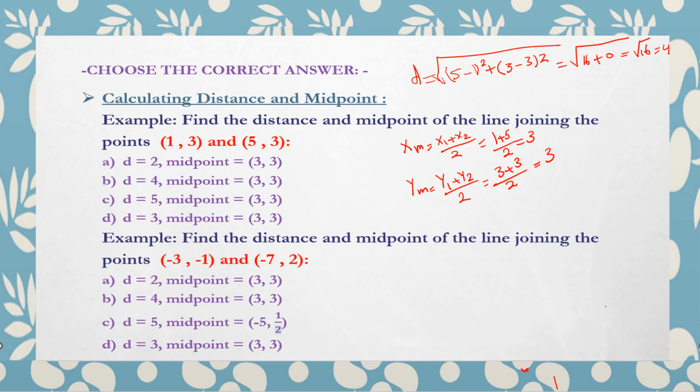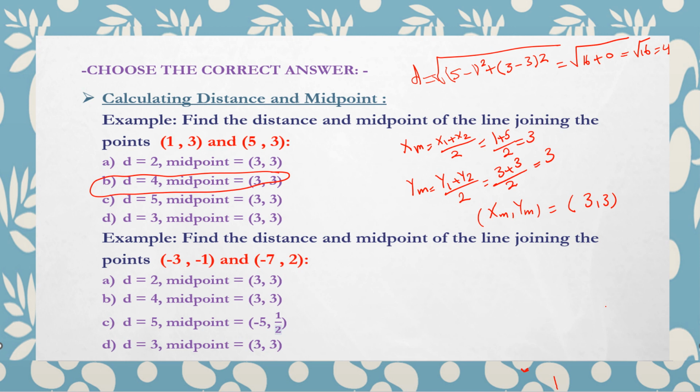So the midpoint (xm, ym) equals (3, 3). So the distance equals 4 and the midpoint equals (3, 3). So the correct answer is B.